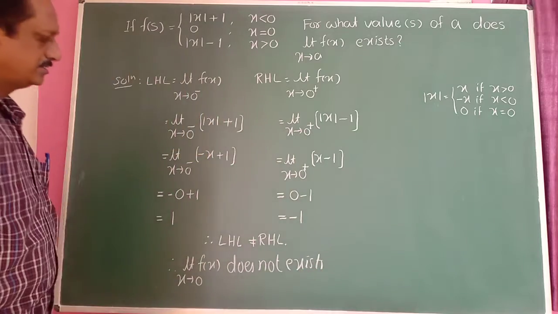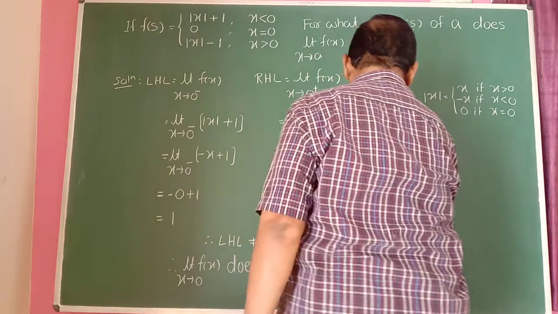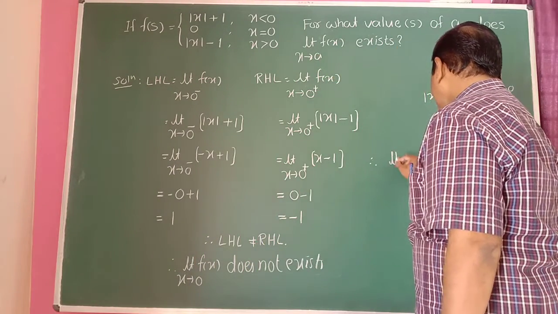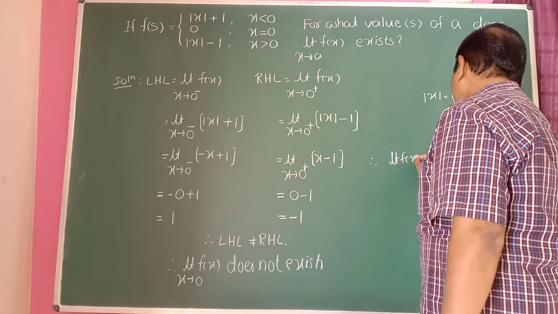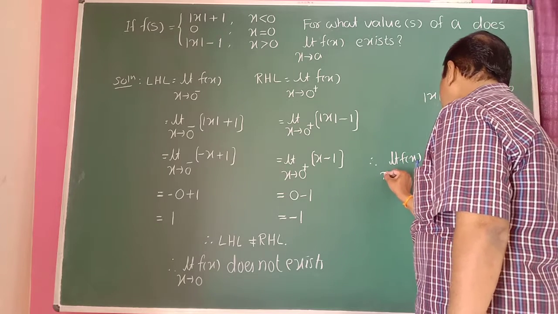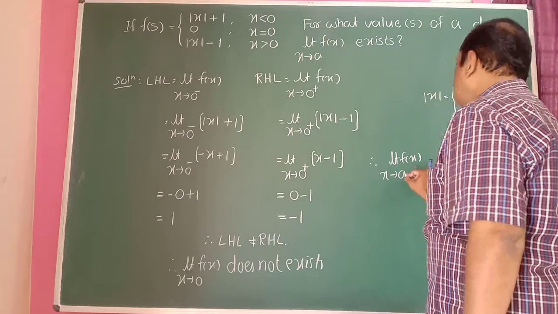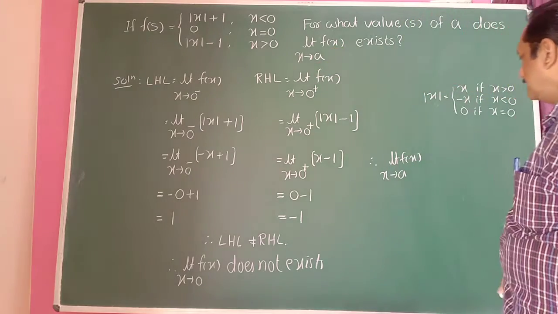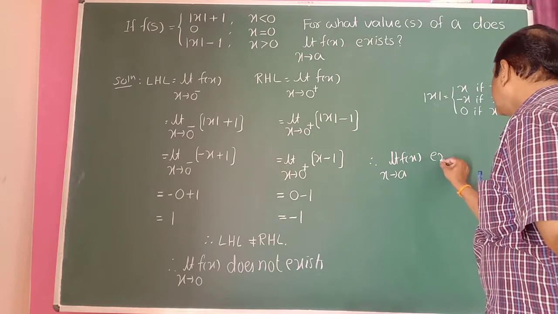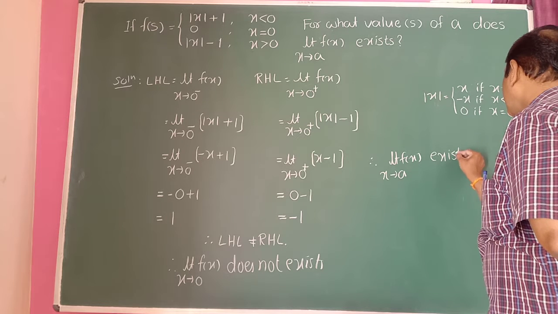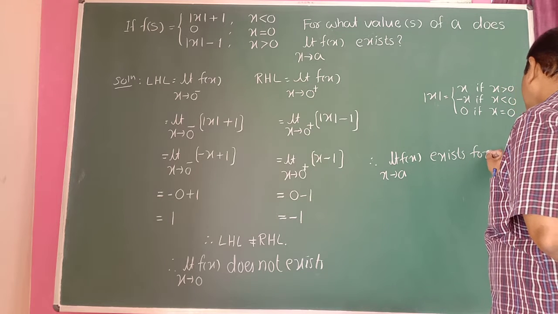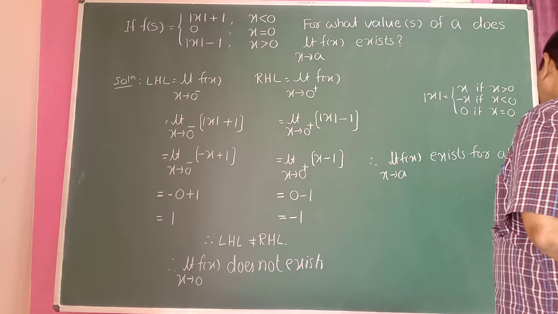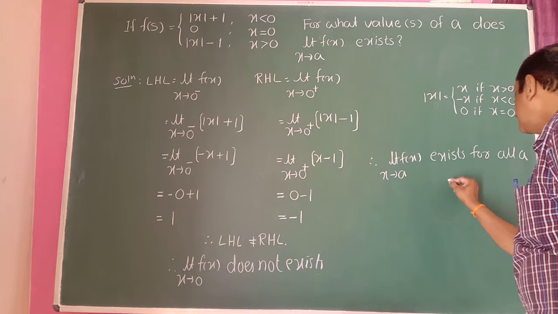Does not exist. Therefore, the meaning here: the limit of f of x as x tends to a exists for all a except 0.